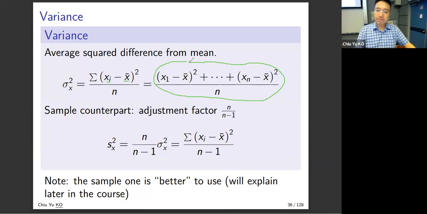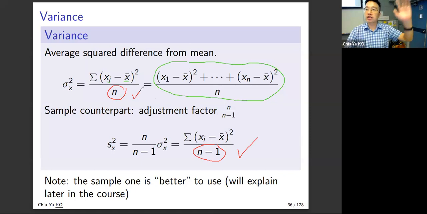Here I have what we call the sample counterpart. We have an adjustment factor here: instead of dividing by n, I have n minus 1. Probably you ask me why. First, my answer is Excel will give you this one unless you explicitly ask for the other. And you probably ask why we use the below but not the above.